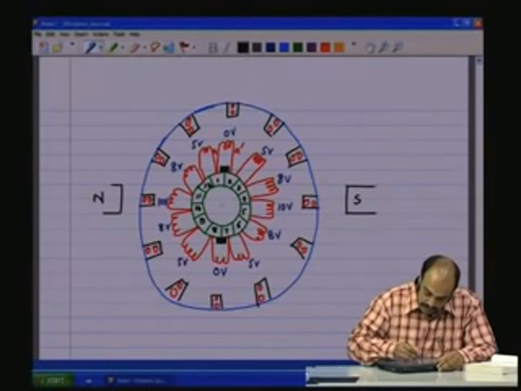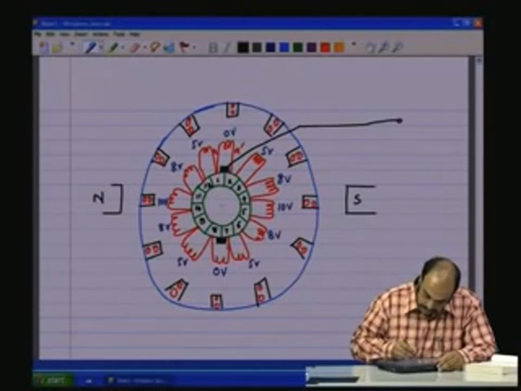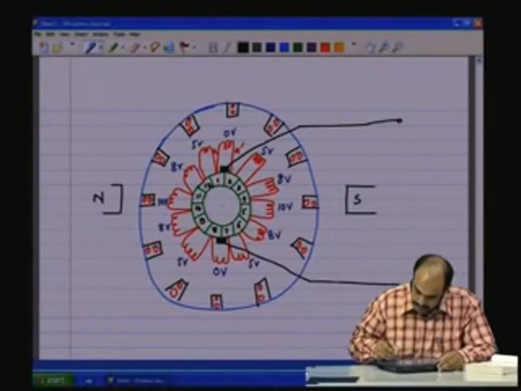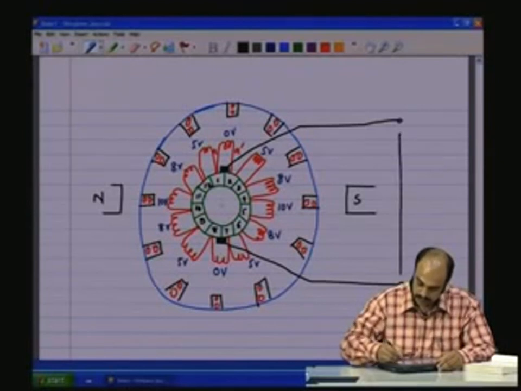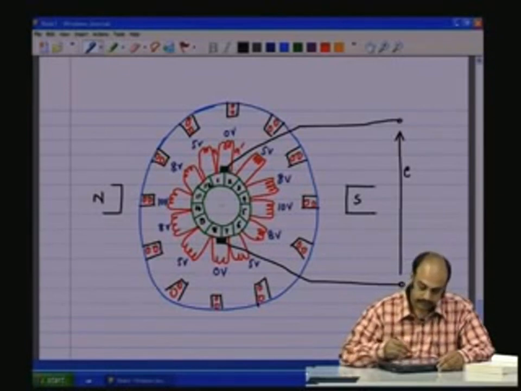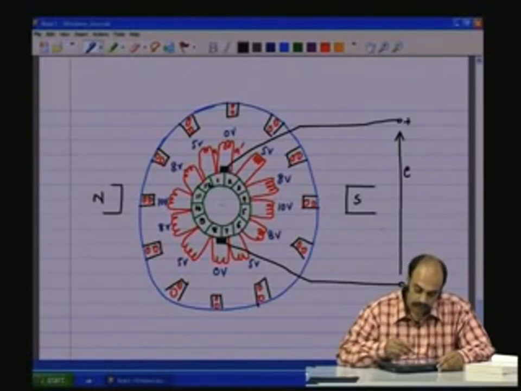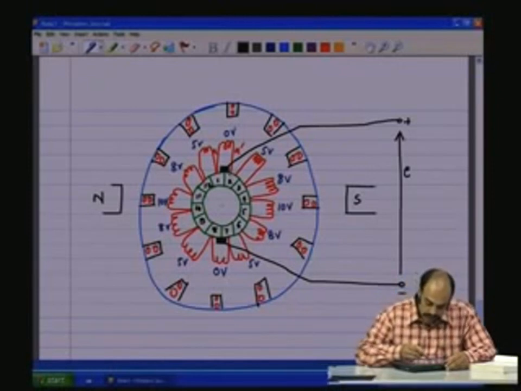The voltage across the brush, let me bring out the brush leads outside here. Let us say this is positive and this is negative. You see that all these segments are connected through the coils.